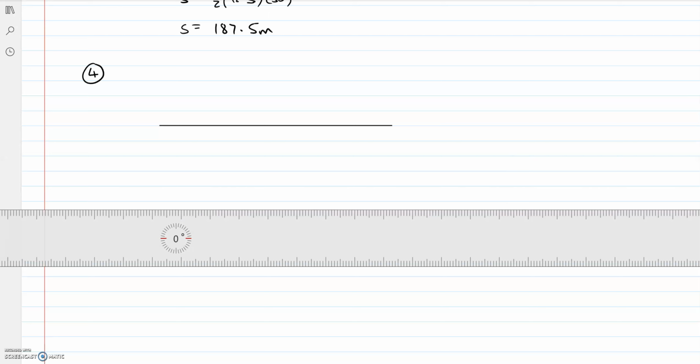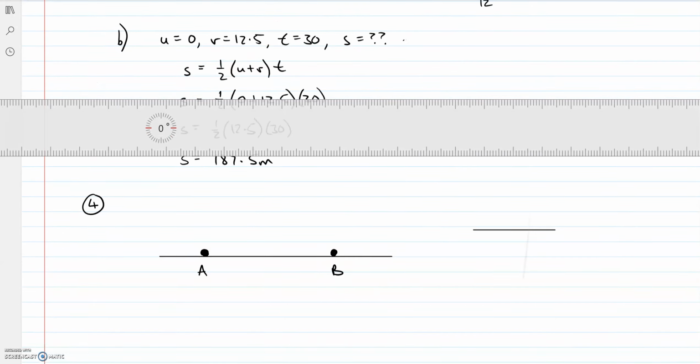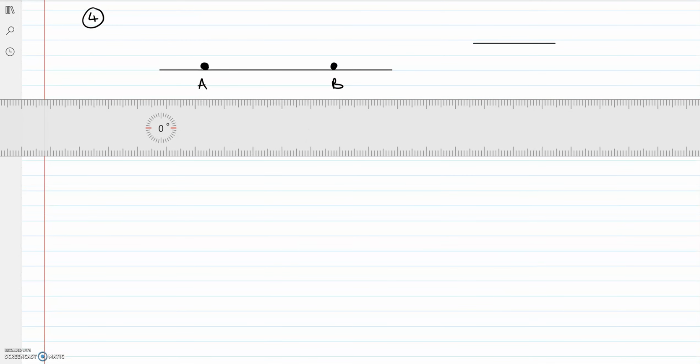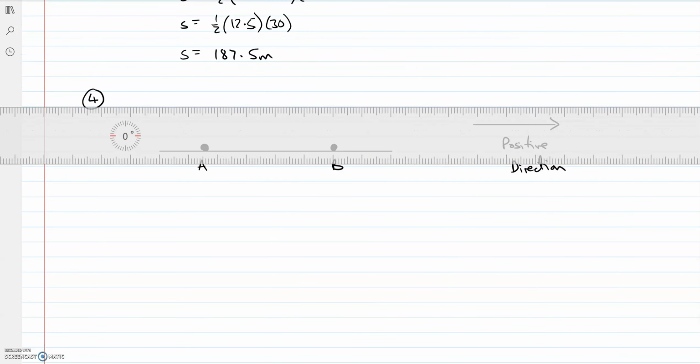So here's our particle at A. Here's our particle at B. We're going from A to B, so our positive direction will be left to right again. The direction from A to B. Constant acceleration 5 meters per second squared.